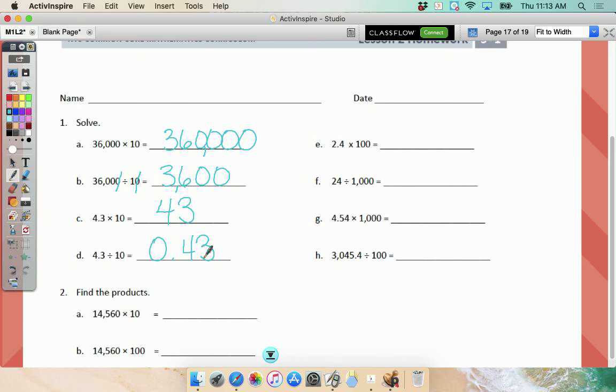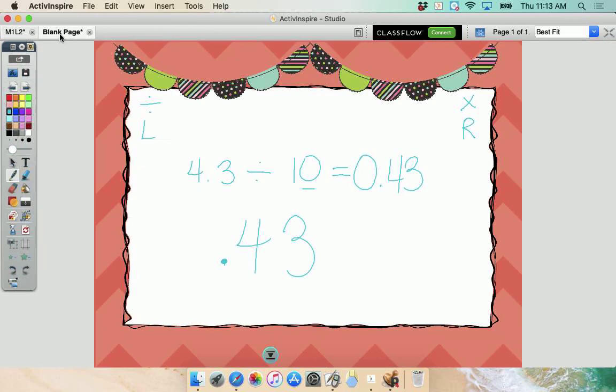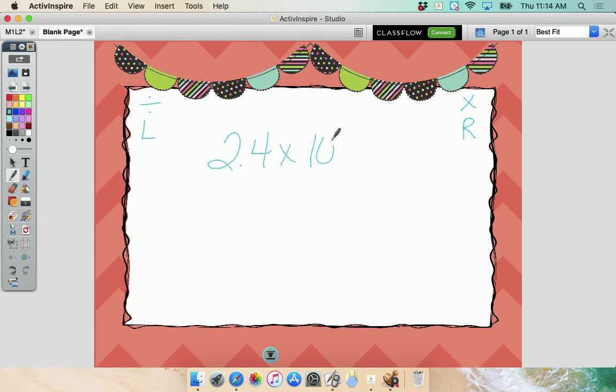Okay, so look at problem E. You see it? Is that a whole number? No. So we're going to our blank page, and we're taking 2.4 times 100. Is that right? Yeah. Okay. So 2.4 times 100. And I'm going to rewrite 2.4.